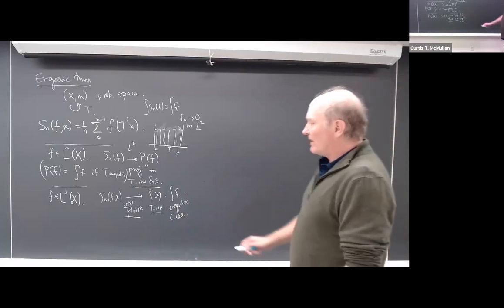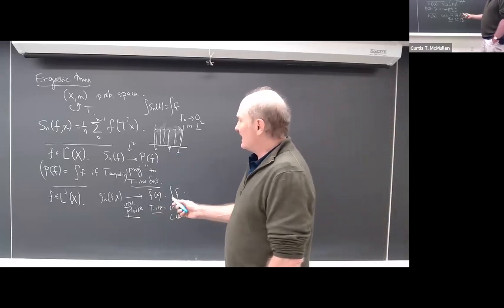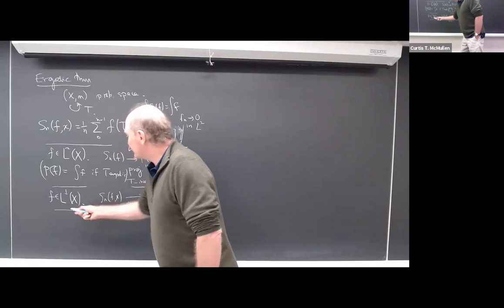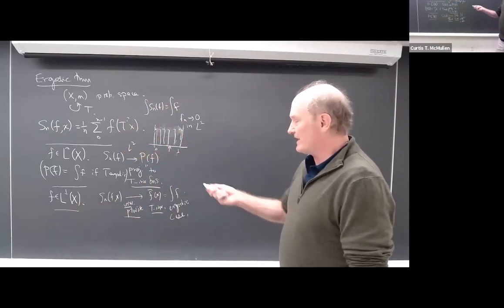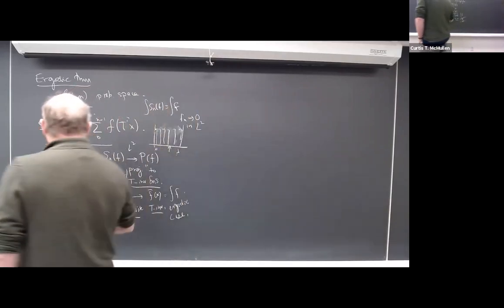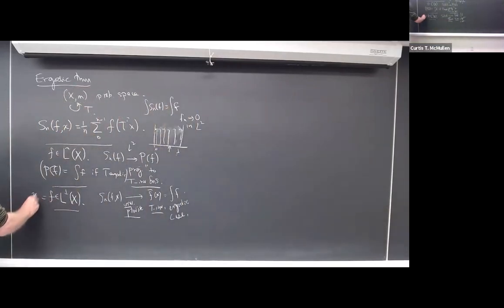Okay, so what we're going to do is I'm going to prove a version of this theorem, but in the case that's of most interest to us, which is not a function in L1, but the indicator function of some set of positive measure.